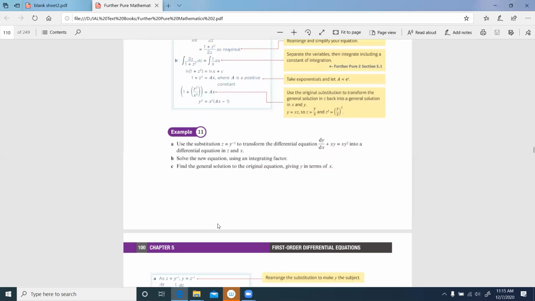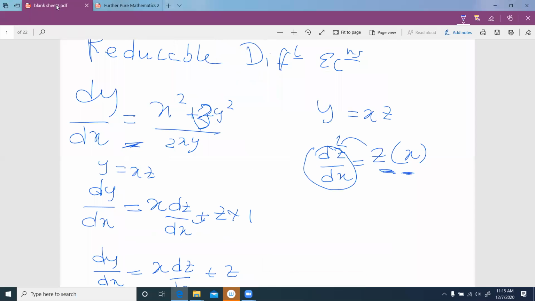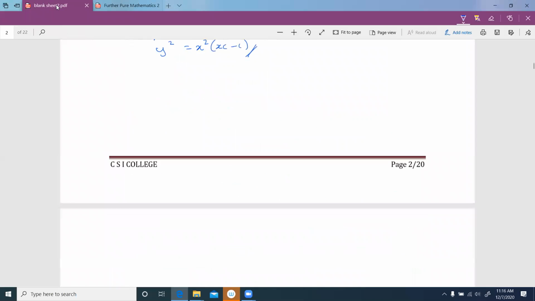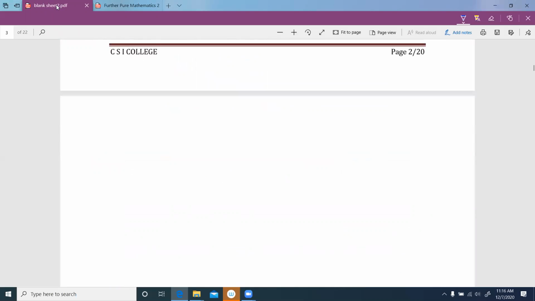This question, what they have given here, the question is dy by dx plus xy is equal to xy squared.